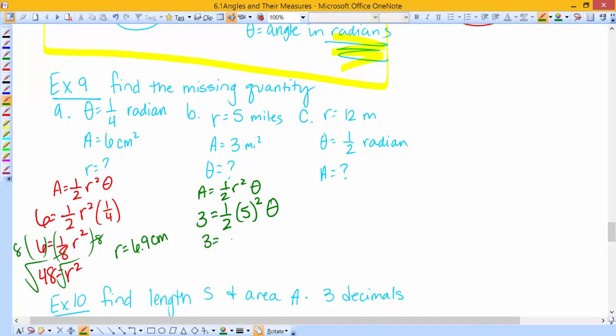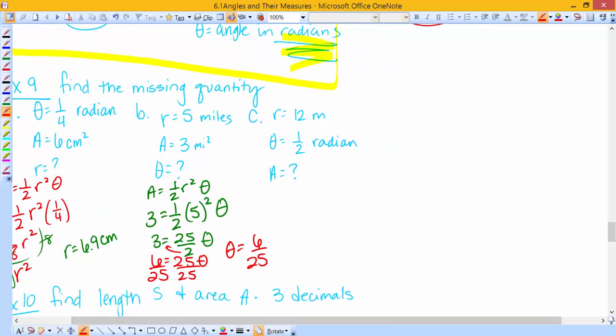So this is 3 equals 25 over 2 theta. So I'm going to multiply by 2, which is 6. And I'm going to divide by 25. So theta equals 6 over 25. And you can convert that into a decimal if you want to. Now the last one.